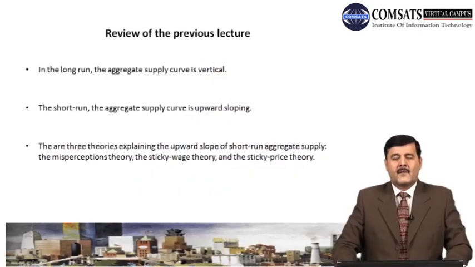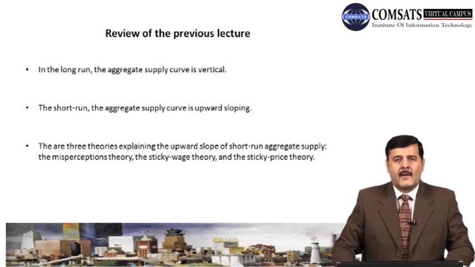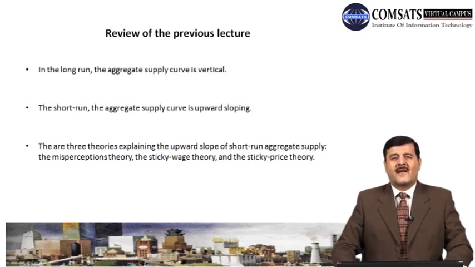So what we have learned in the previous lecture, we talked about the aggregate demand, how the monetary and fiscal policy of the government can affect the aggregate demand in the economy. As we know, the long-run aggregate supply curve is vertical, the short-run aggregate supply curve is upward sloping, and the aggregate demand curve is downward sloping.